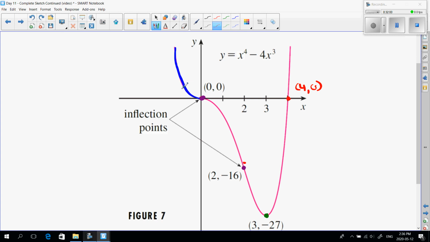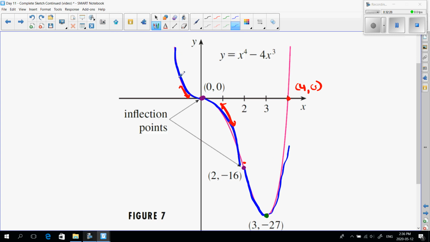So if I drew tangents on that portion of the curve, they would have to be drawn here. Concave up from negative infinity to 0, concave down. All right, concave down, I say it looks like a frown. All right, that means the tangent lines would have to be drawn above. And then once again, concave up from 2 to infinity.